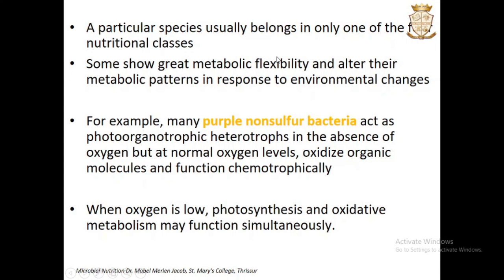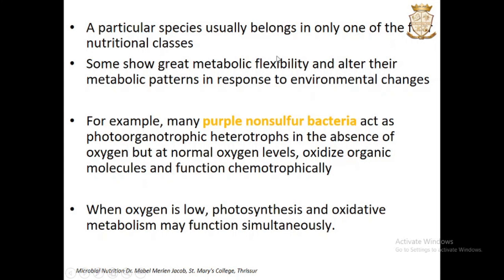So usually they are photoorganotrophic heterotrophs, but sometimes they become chemoorganotrophic heterotrophs also. And when oxygen is low, photosynthesis and oxidative metabolism may function together simultaneously.